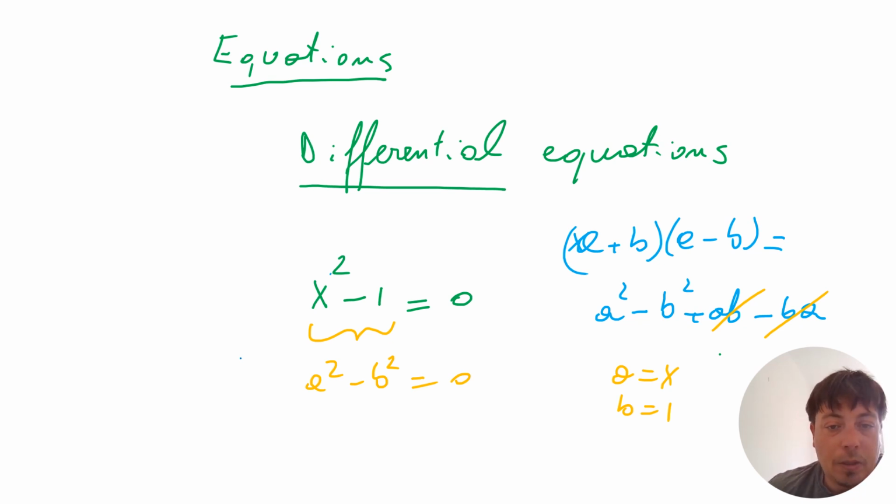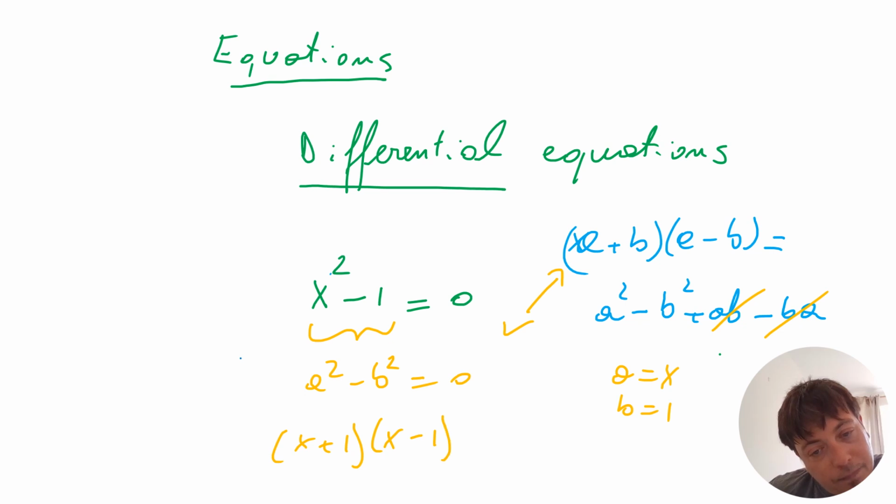So we use this formula here, which means x plus 1 times x minus 1 equals 0. Now, as you can see, there are two parts of the equation, and they are multiplied together.